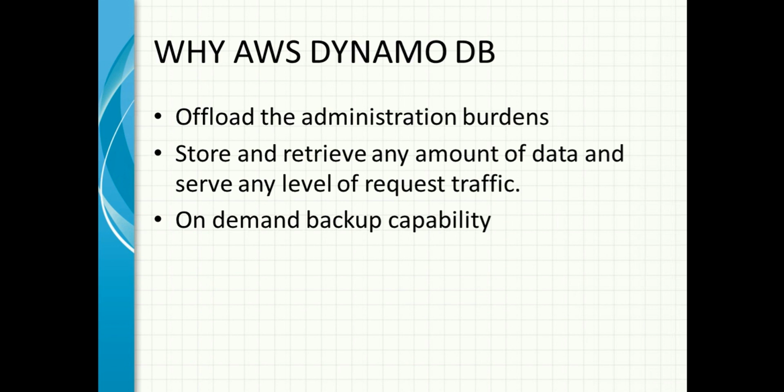So there is on-demand backup capability, so we can take a backup of the entire database on demand. That option is provided to the users of Amazon Cloud. And point-in-time recovery: Amazon Cloud takes an image of the database at particular intervals of time, and this can be restored to that system image point.